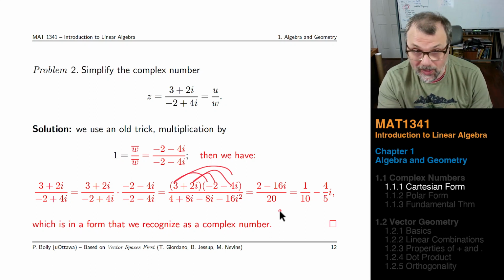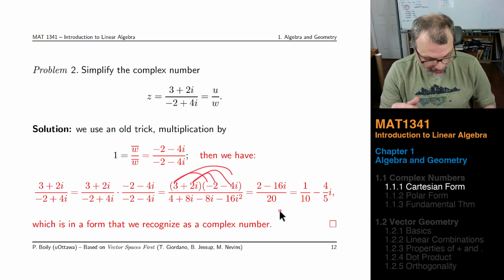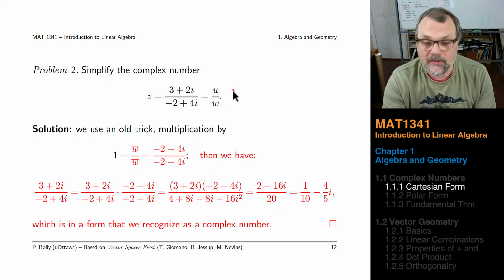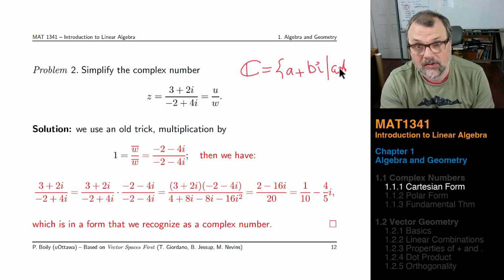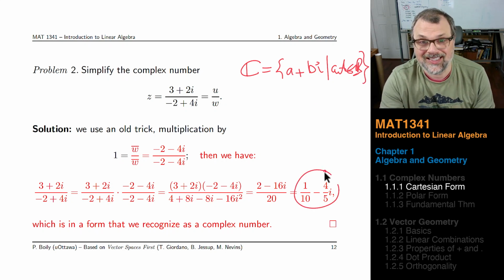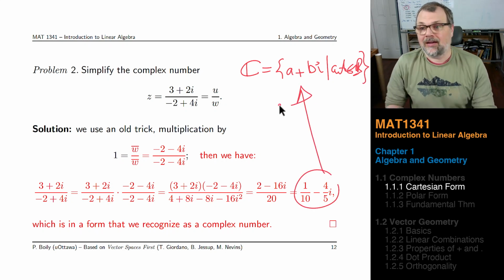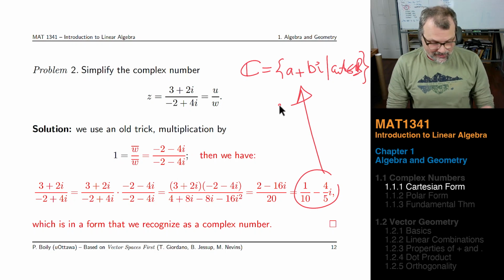And that's a form that we recognize as a complex number because of the way we've defined our complex numbers, I remind you, everything looks like this. And that here is clearly a complex number. It's clearly in that set.